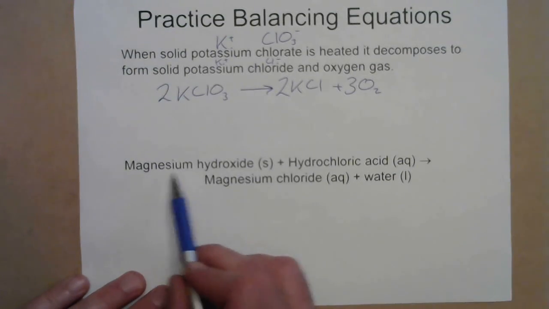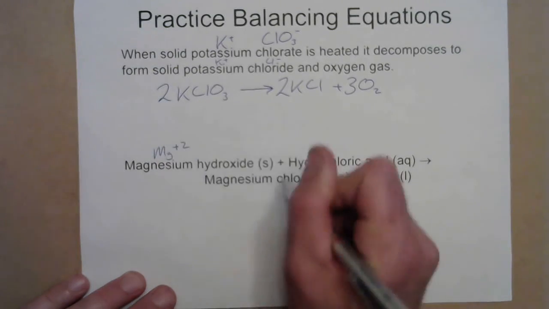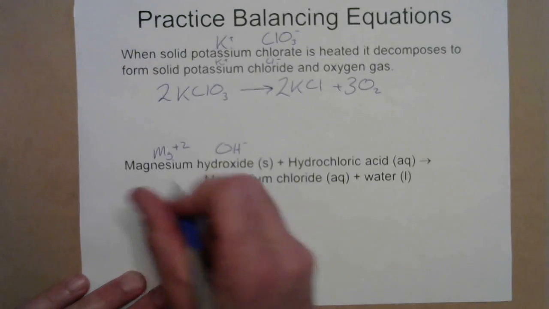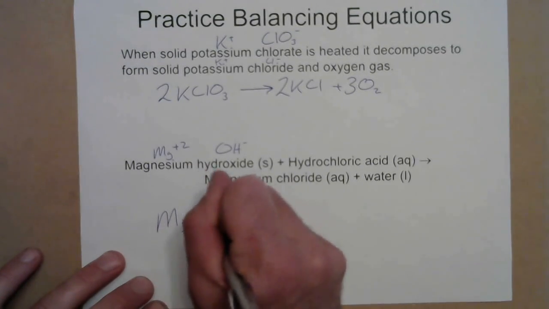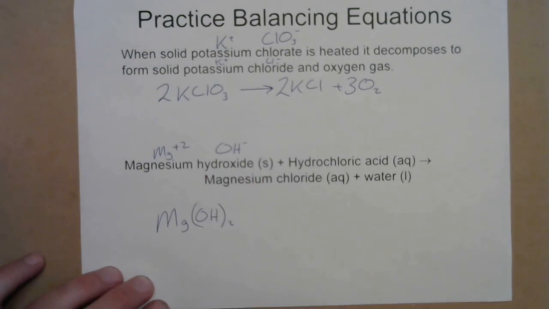Magnesium hydroxide, ionic compound. Magnesium has a +2 charge, hydroxide a -1. So a good formula for magnesium hydroxide, Mg(OH)2. Don't forget to put the parentheses around your polyatomic ions when you have more than one of them.